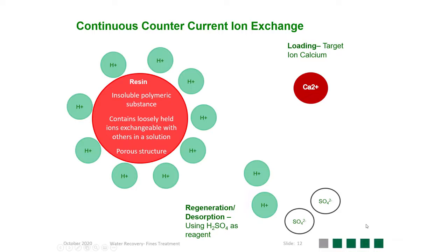And to start off, we need to consider what is resin chemistry. A resin bead is an insoluble polymeric substance which contains loosely held ions which are exchangeable with others in a solution.